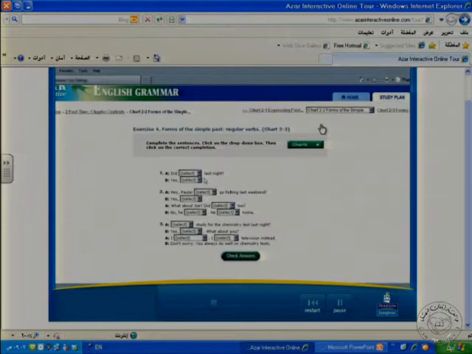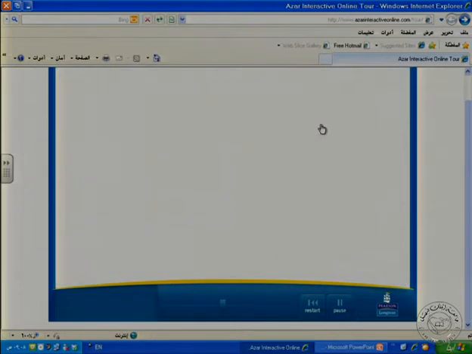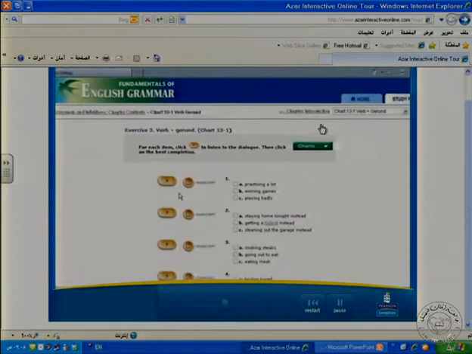Here, in one of the exercises, you select the correct answer and then you check your answers after studying the chart. So you see, someone is answering the questions. As I said, very, very entertaining, very interesting. Gets you out of the mood of books, pencils, notes, etc.